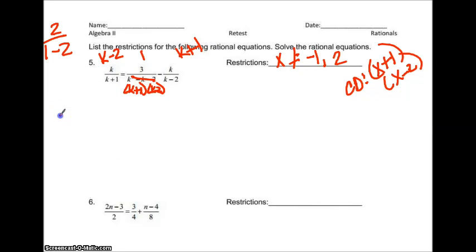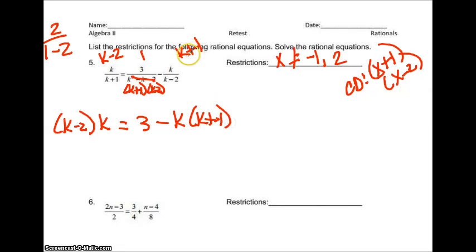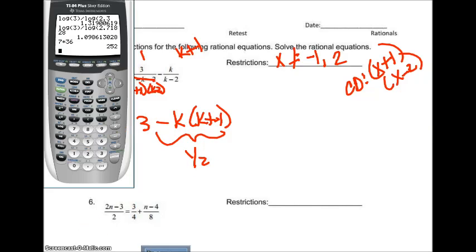So I've got k minus 2 times k, because it was already there. Bring down my equals. 3 times 1 is 3, minus k, it was already there, times k plus 1. It really doesn't matter the order for each one of these as long as it's all there. Once you have it written like that, you're ready to go to y1 and y2 to get your answers.